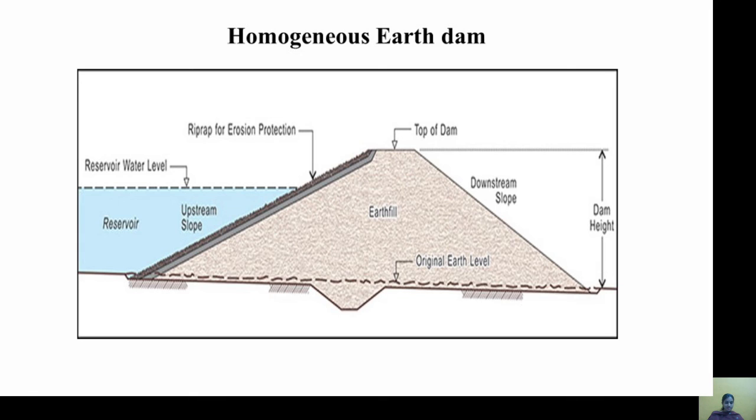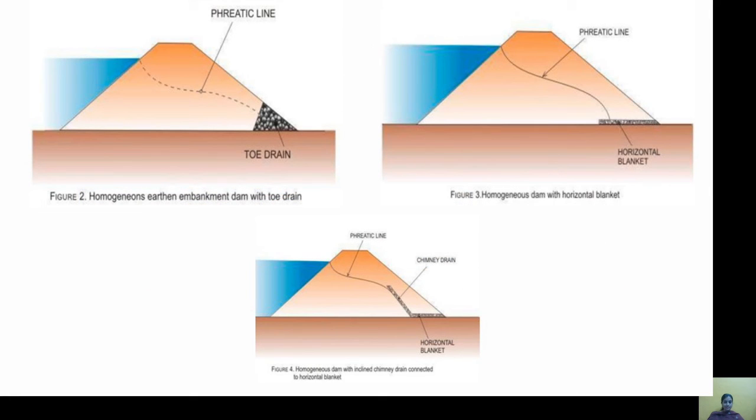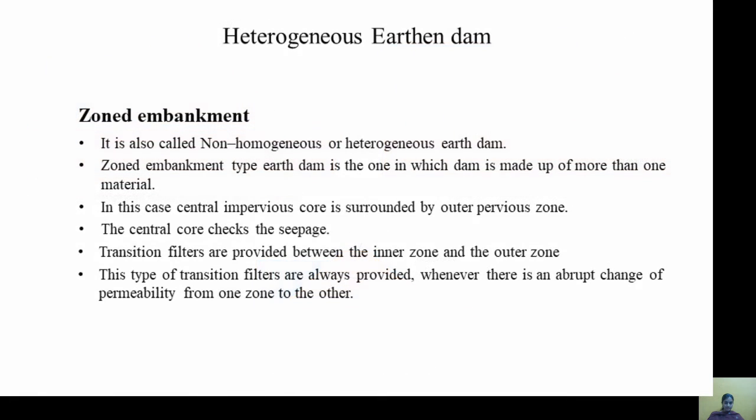So here you can see a section of a homogeneous earthen dam, the phreatic line and the toe drain.